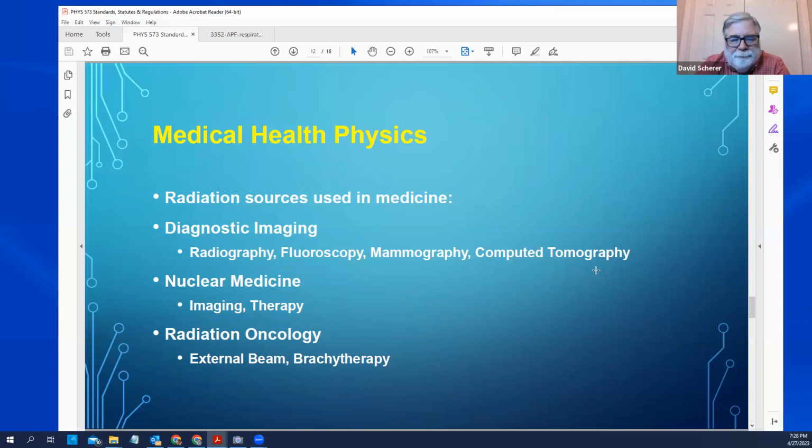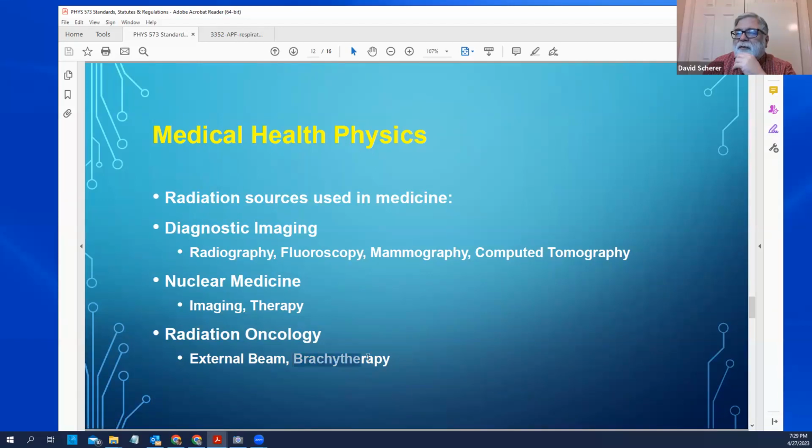One is external beam, where a linear accelerator or a high energy X-ray machine will produce X-rays that we use to target a particular volume where the tumor would be, and by using multiple angles where the beam goes through, it's spread out with lesser amounts in the healthy tissue, but all those beams cross at the target volume. We can deliver a high dose to the target volume and less to the surrounding tissue.